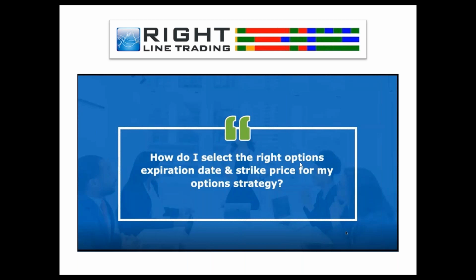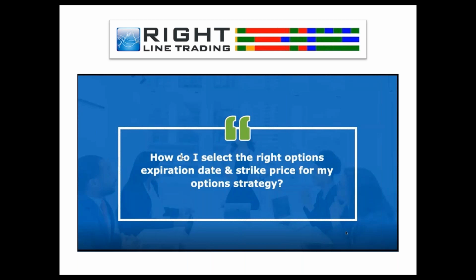How do we pick the best expiration date and the best strike price for my strategy? There may be more than one, but they have to be based on the option metrics that I'm going to go over.